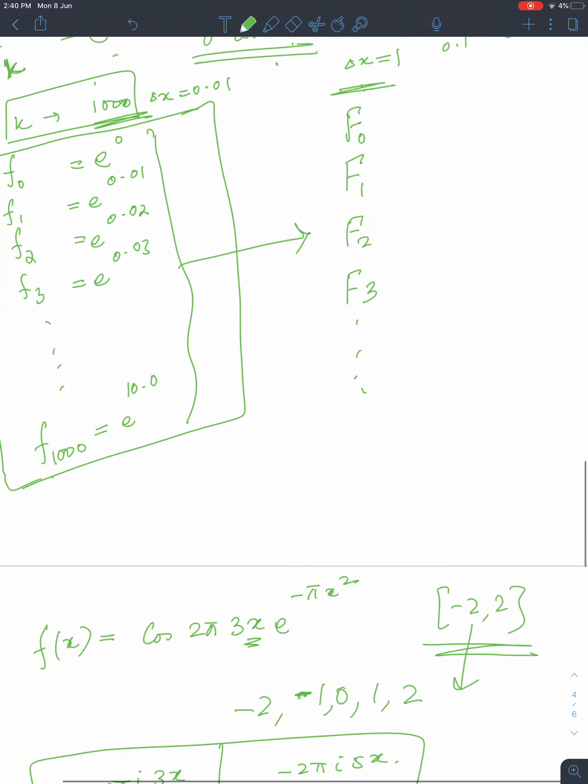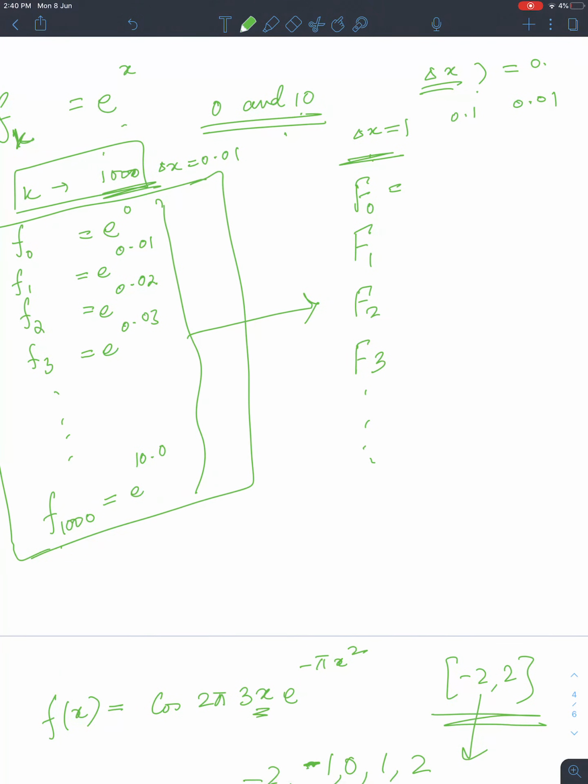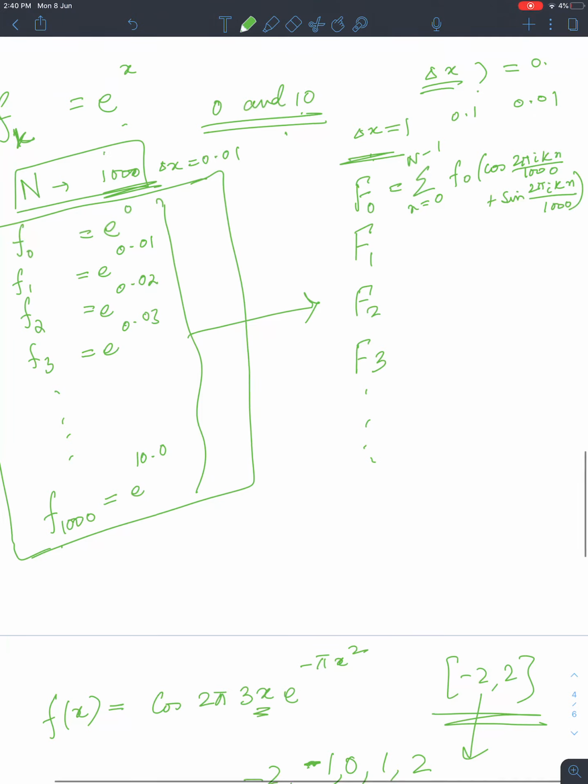So in these cases, when you are doing this Fourier transform, you're going to have f0 equal to summation small n goes from 0 to N minus 1 of f times cos of 2 pi k n by capital N plus i sine of 2 pi k n by capital N. Capital N here is 1000, we are deciding that, so 2 pi k n by 1000, right?